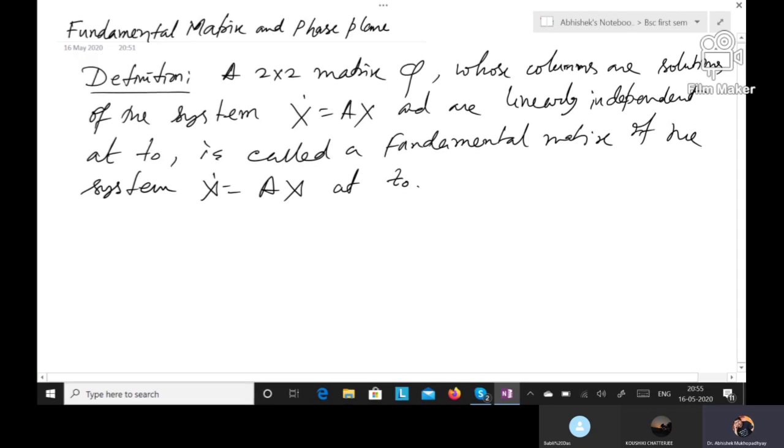And I have also discussed one example regarding this matrix.